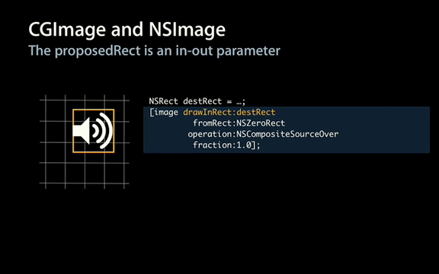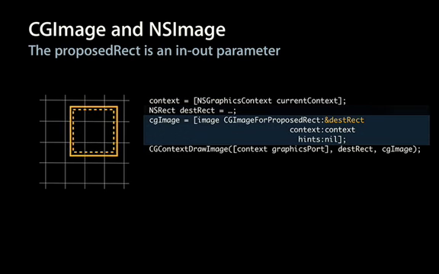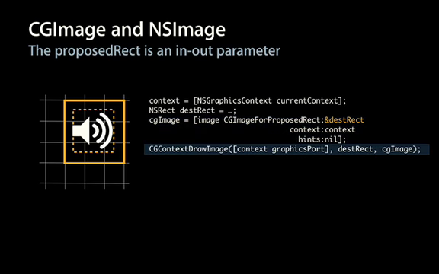However, if you want to get a CG image for this, there's going to be a bit of a problem, because we can't give you something that's some fractional number of pixels wide. What we can do is give you something that covers this larger rectangle in the context that is pixel integral, okay? And we can fill our own drawing into that and hand you back a CG image which is an appropriate snapshot of that larger rect.